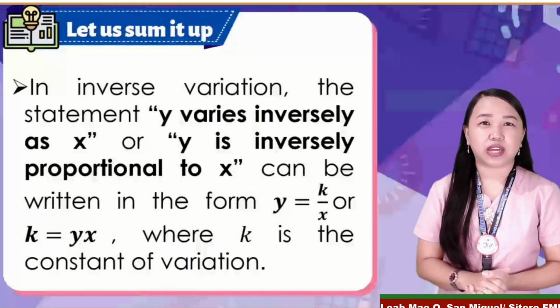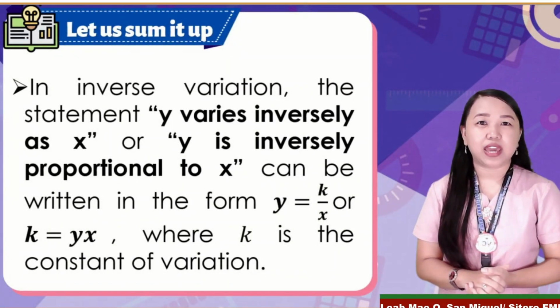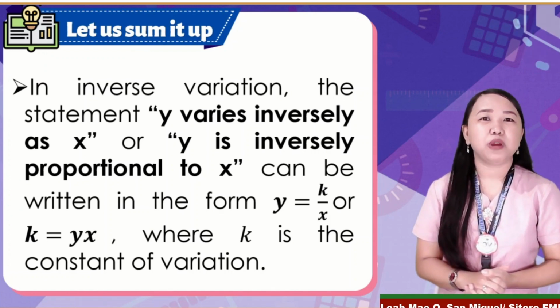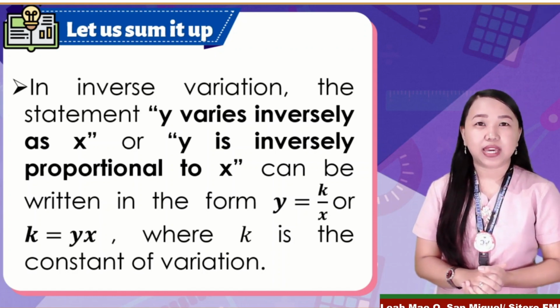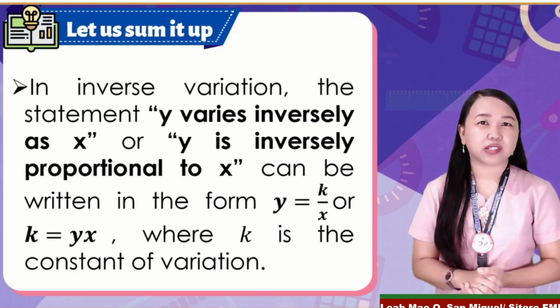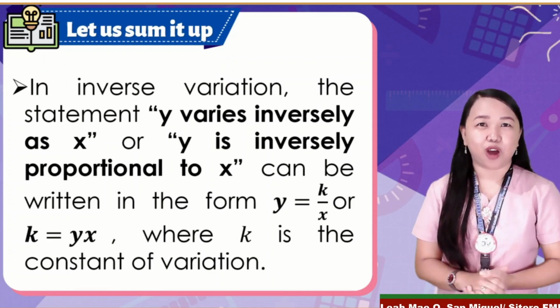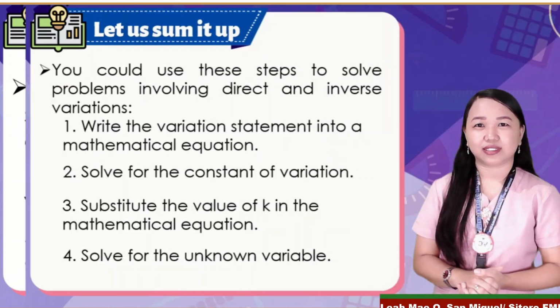In inverse variation, the statement y varies inversely as x or y is inversely proportional to x can be written in the form y is equal to k over x or k is equal to yx, where k is the constant of variation.